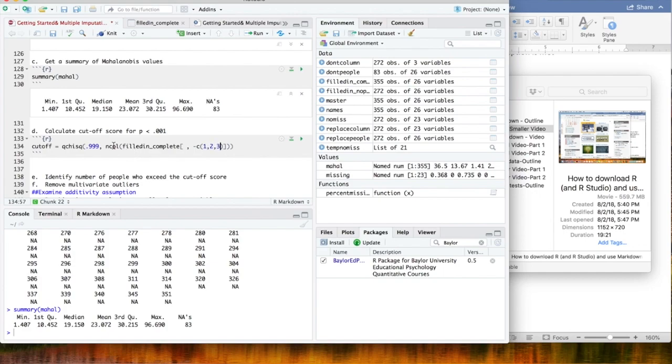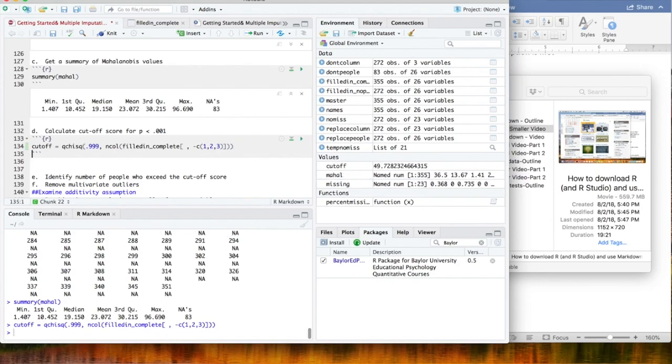N col is basically going to count the number of columns in your data set, excluding for this tree, of course. And this is basically going to be the degrees of freedom for this cutoff score.